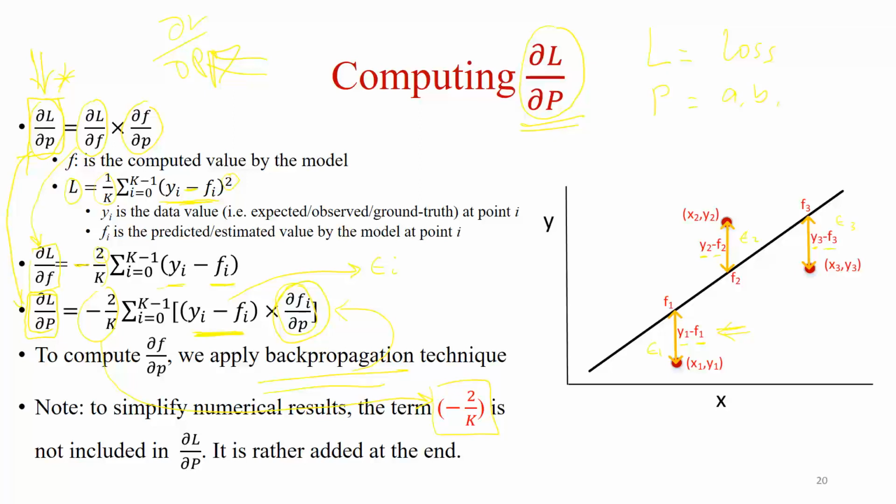If you look at the loss function, if I express it, it will be 1 over 3 times the first error squared plus the second error squared plus the third error squared. That's basically my loss function here.